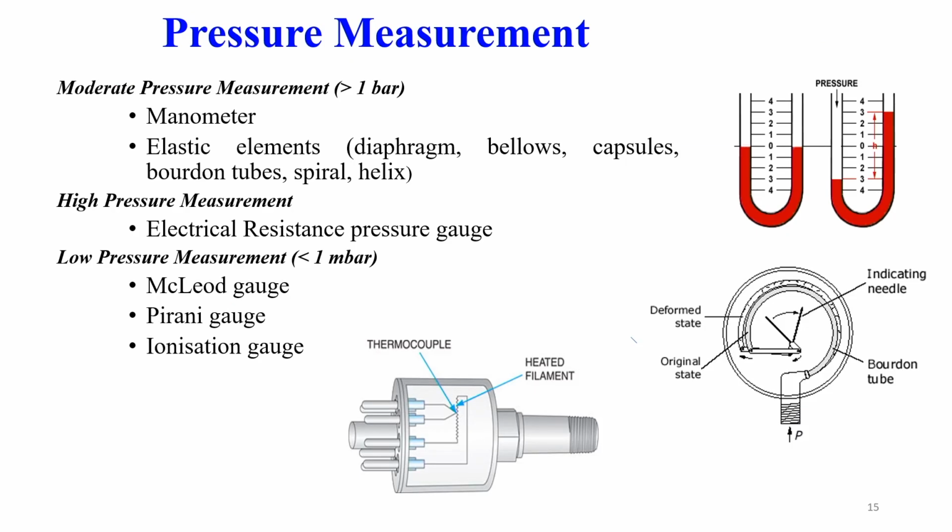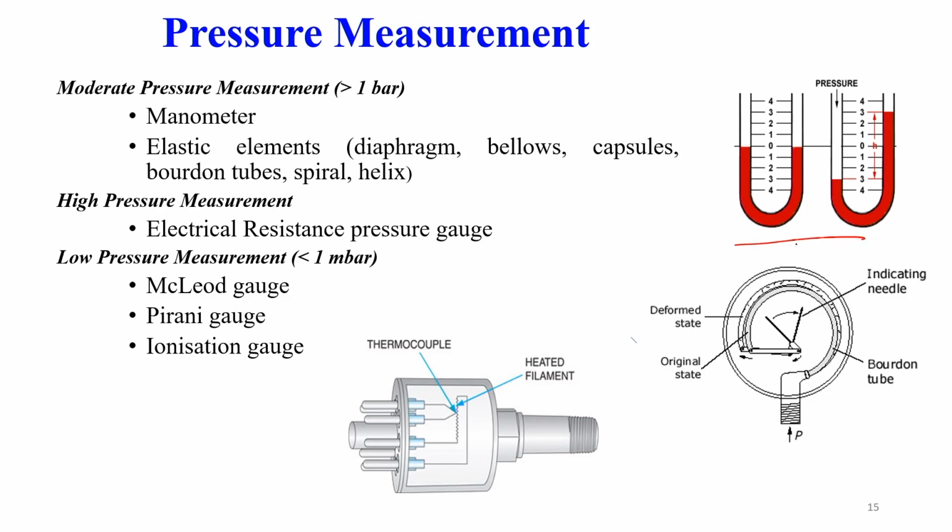Similarly, for pressure measurement, depending on the pressure value, it can be moderate pressure, high pressure or low pressure. For moderate pressure, we might have seen in the lab the manometer. One side is connected to the atmosphere, one side is connected to your device, and depending on the difference in height H, you can calculate P equals rho g h.